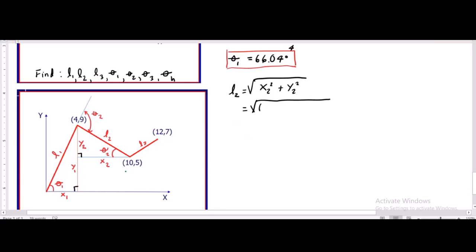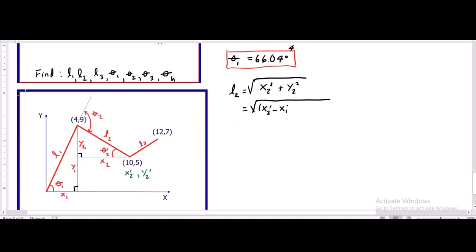Okay, this is x2 prime and y2 prime, this one. So therefore, x2 prime minus x1, that is our x2: x2 prime is from this point to the origin, minus x1.